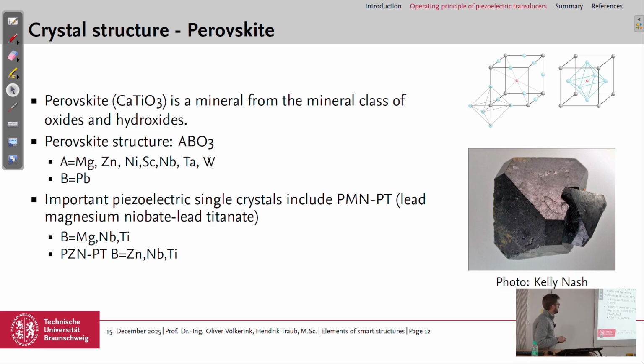You can also have crystals with a grain structure, so not being a single crystal, but there are materials which are single crystals, like this one, which is PMN-PT, lead magnesium niobate, lead titanate.